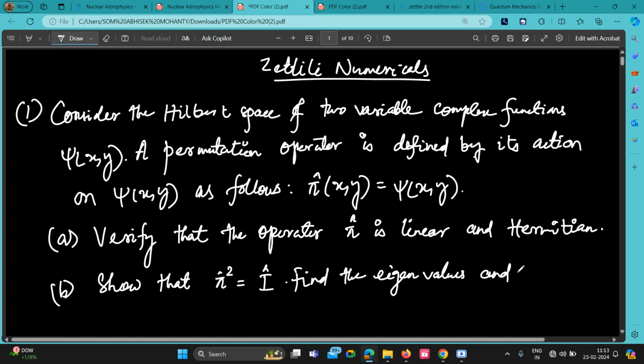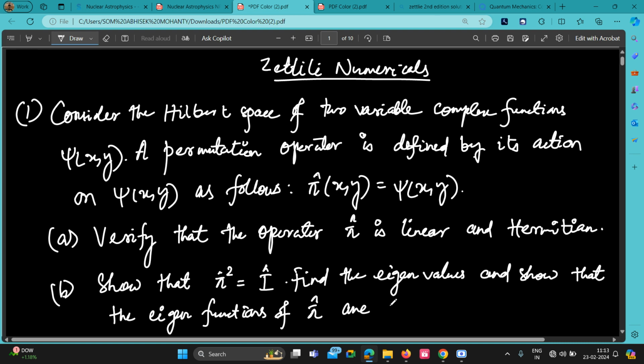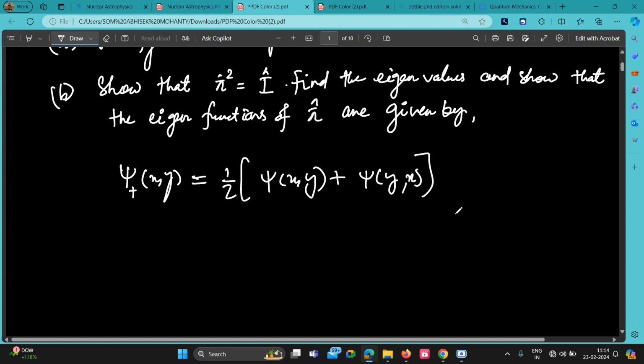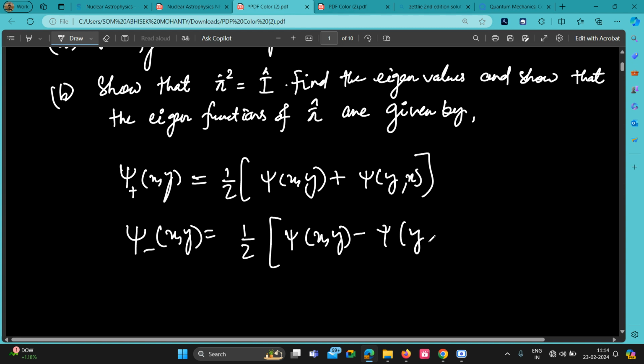And so that the eigenfunctions of pi are given by psi plus xy is equal to half of psi xy plus psi yx, and psi minus xy is equal to half of psi xy minus psi yx.